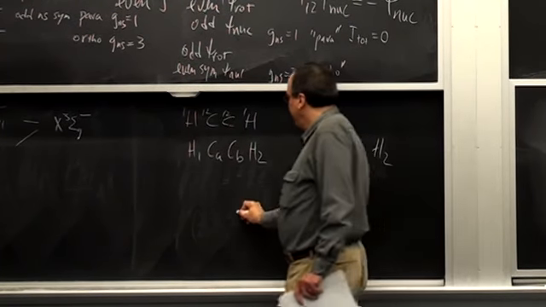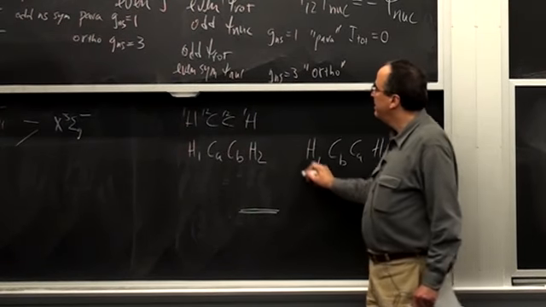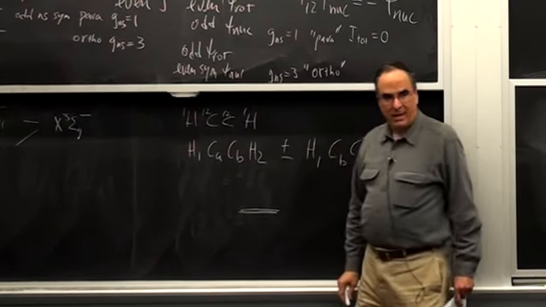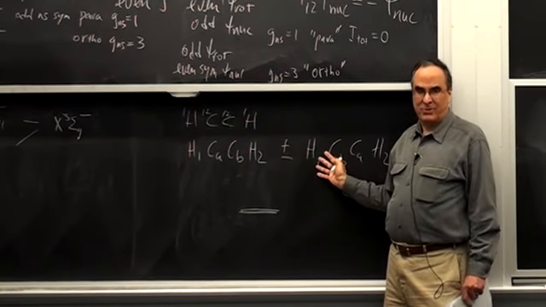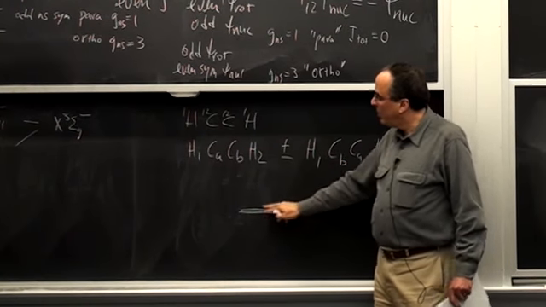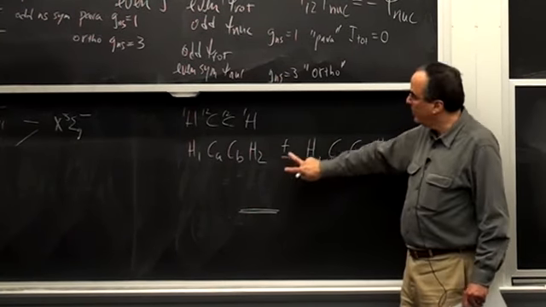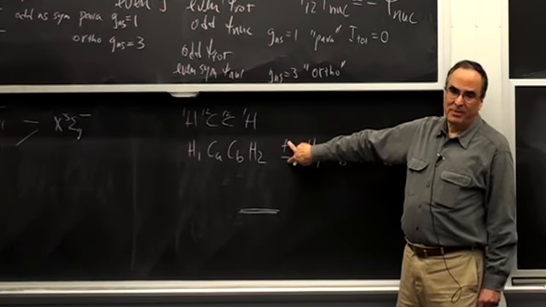And so that means that every level of acetylene is a symmetric and antisymmetric combination of these two bonded structures. And so they are going to have different symmetries according to plus and minus. And this is the answer to the problem.